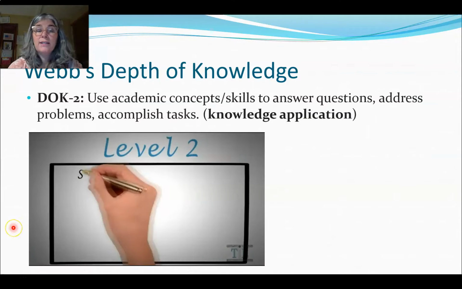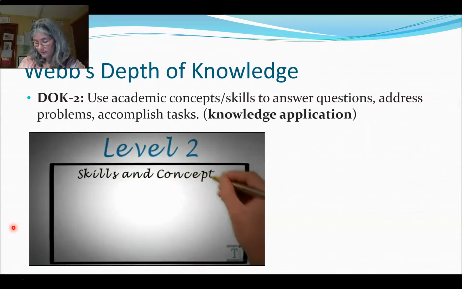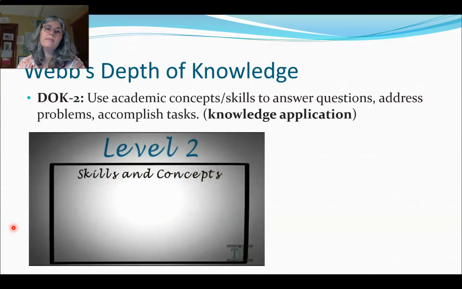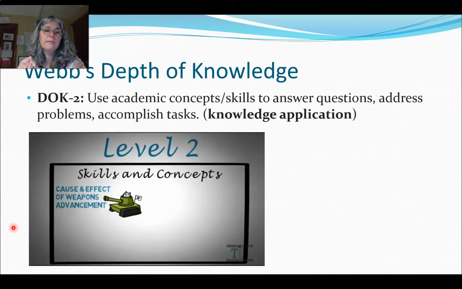Let's look at Level 2 and see some examples. Level 2, skills and concepts. So the first example would be maybe analyzing the cause and effects of weapons advancement. How did tanks impact World War II, for example?